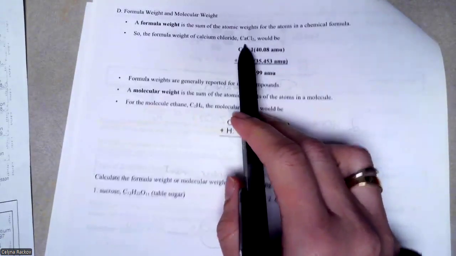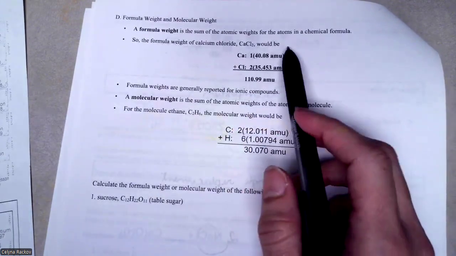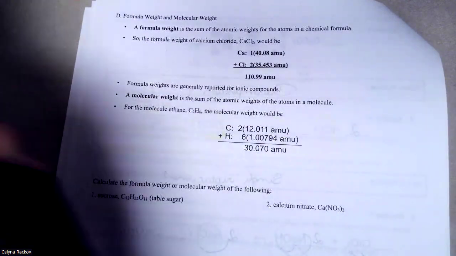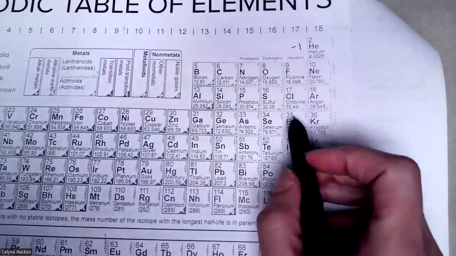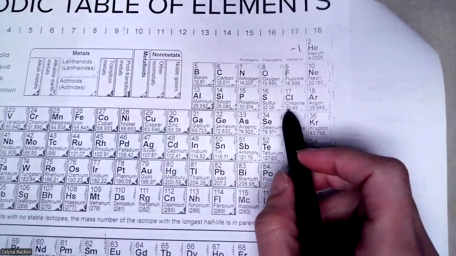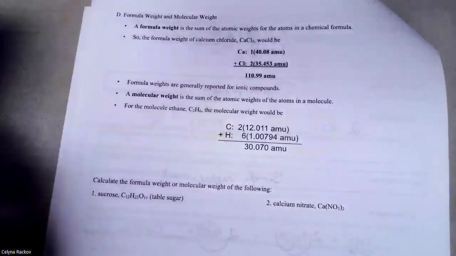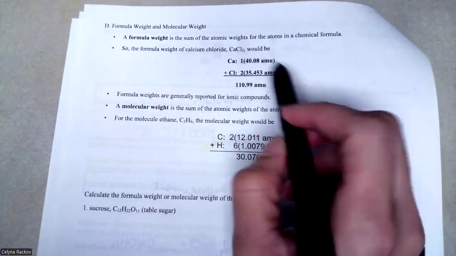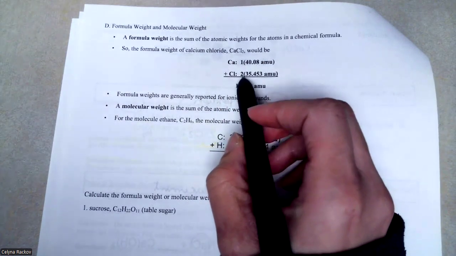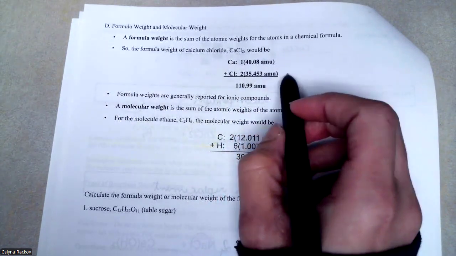We'll have only 1 calcium, so 1 times 40.08. And chlorine. What's the atomic weight for chlorine here? So 35.45. And here, the periodic table that was used in this note used 35.453.